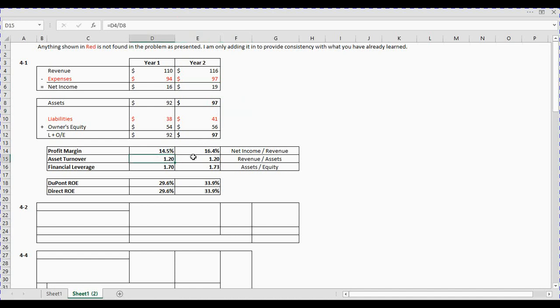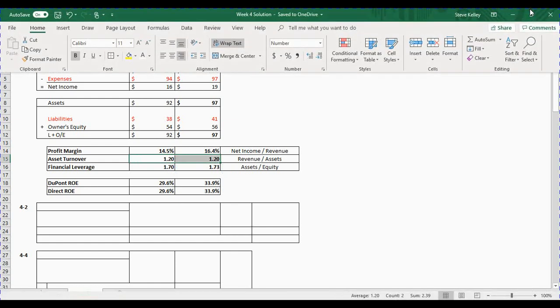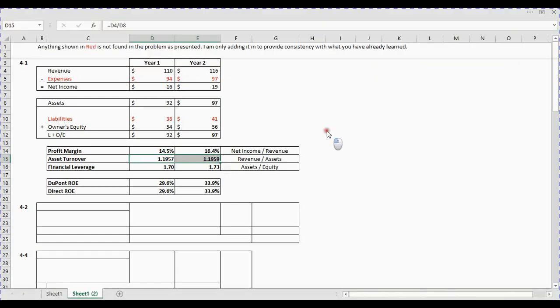Well, in this case, they happen to be exactly the same. I'm going to expand this by a decimal point to see. Surely they're not. Yeah, so I have to go out to 4 decimal places to see any difference between the asset turnover. So really what this is saying is this isn't literally how many times did I sell my assets.